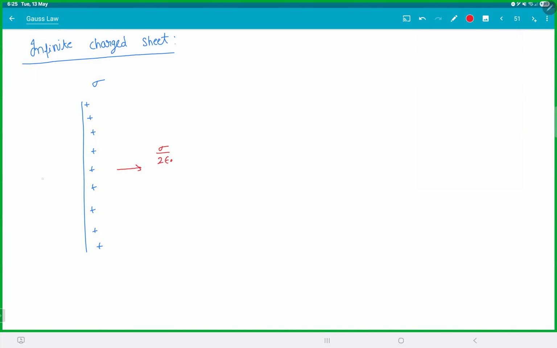So let me write down the result here. If you take an infinite charged sheet, with charge density sigma, the field will be away from the sheet: sigma by 2 epsilon on both sides.